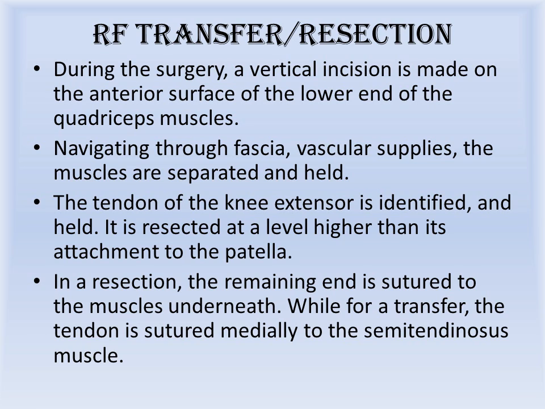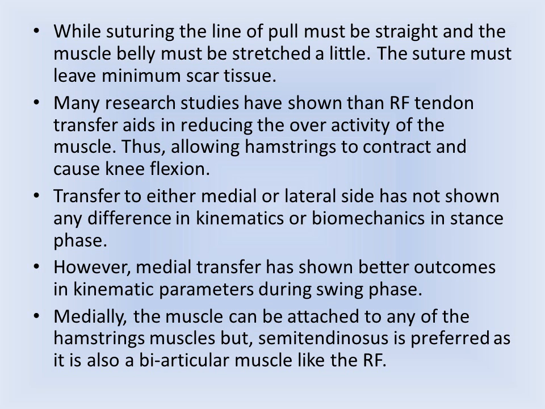In this resection, the remaining end is sutured to the muscles underneath if it is a resection, or if it is a transfer, it is transferred medially to the semitendinosus muscle. While suturing, the line of pull of the muscle must be straight, the muscle belly must be stretched a little, and the suture should leave minimum scar.